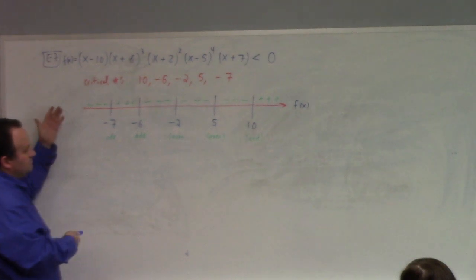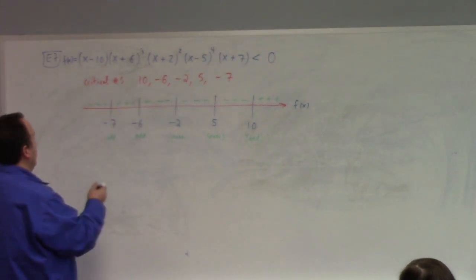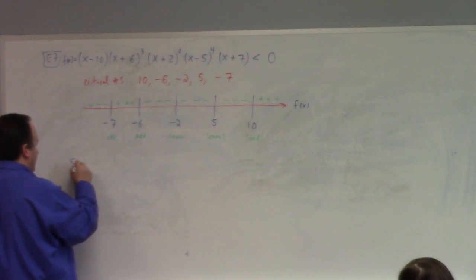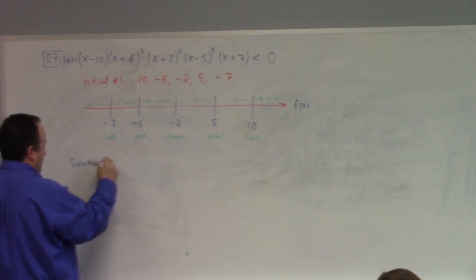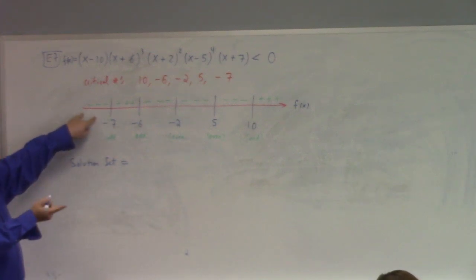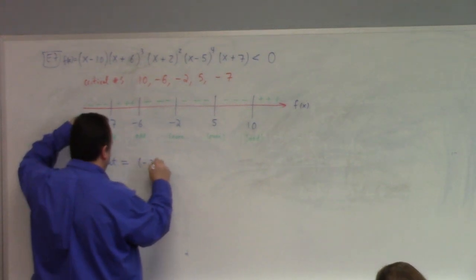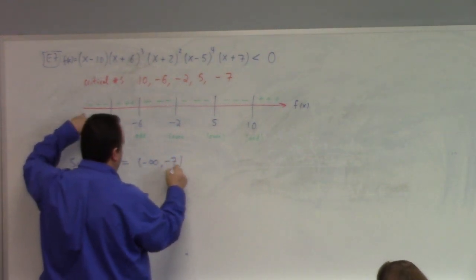Now, so what's the solution? I want less than 0. What am I looking for? Solution set equals to what? So I'm looking for the minuses. That's where it's negative, right? So we've got minus infinity to minus 7, union what?